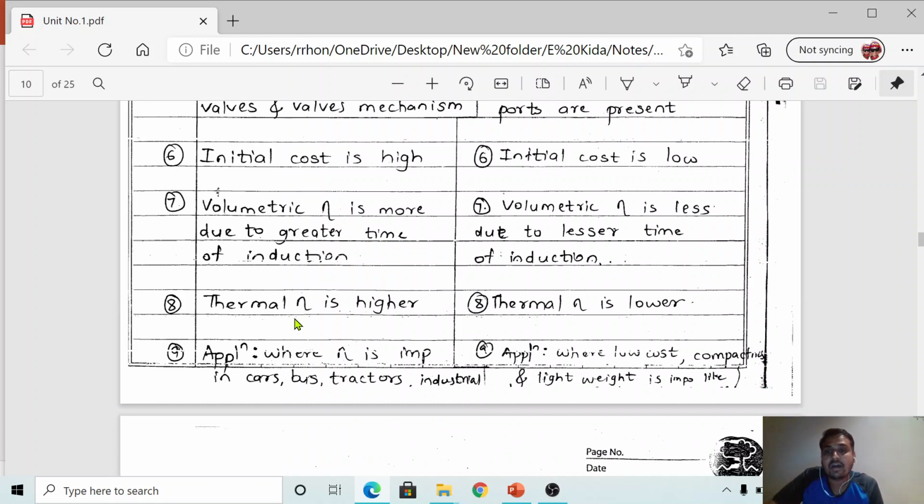The next one, the thermal efficiency of the four-stroke engine is higher and the thermal efficiency of the two-stroke engine is lower.